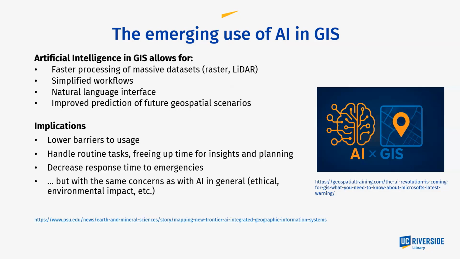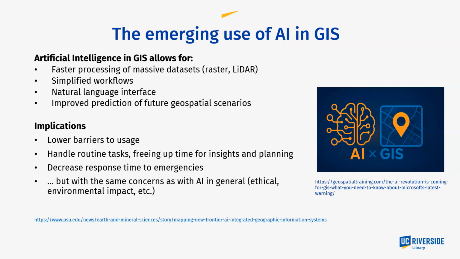And some implications that are good too is that it will lower the barriers to usage. So more people can use a GIS effectively without having to go through a lot of training in order to do so. It will be able to handle a lot of routine tasks, which will free up people's time for more insights and planning. It can decrease response times to emergencies, which I think we all agree is a great thing.